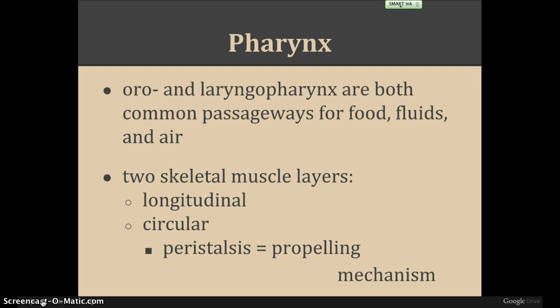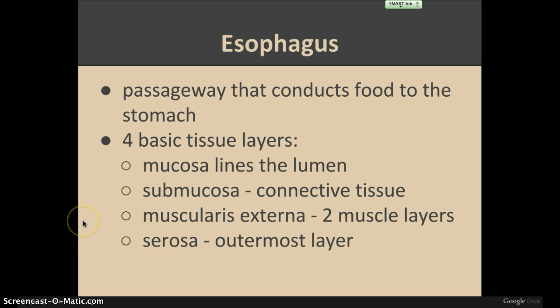One goes circular, the other goes longitudinal, and because the contraction is like an inchworm or a slinky, it propels the food through into the esophagus. The esophagus is the passageway that conducts food. No digestion or absorption takes place here. It's just for the transporting.